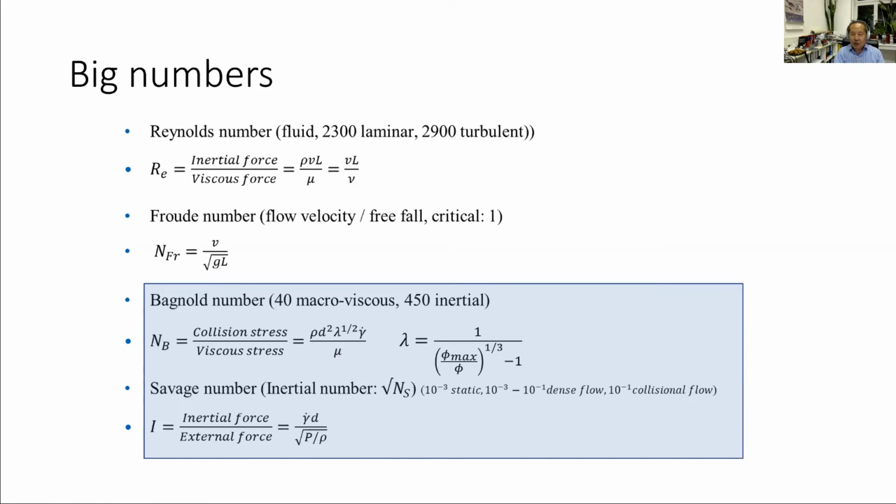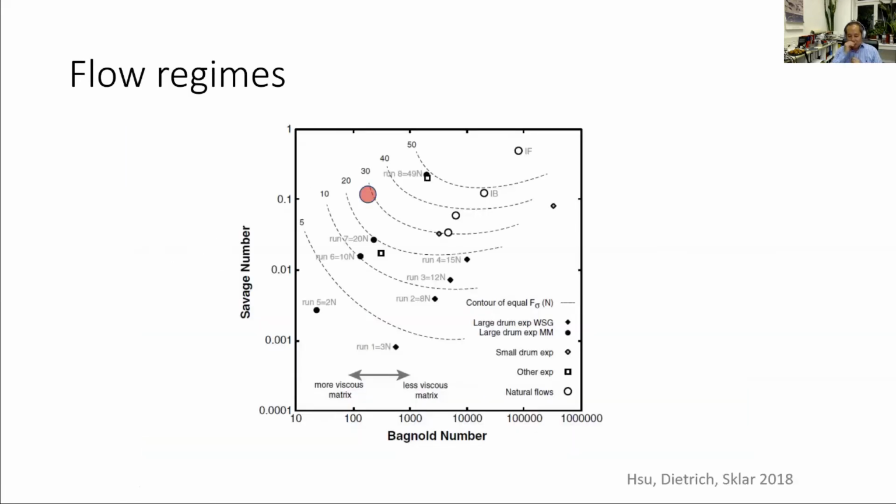You put these two numbers together, and many people use this diagram. I just took this diagram from these guys who have this big drum in California, in Berkeley, in particular Professor Dietrich, in a paper published three or four years ago. They studied granular flow in the big drum and show where their drum tests are. Not only the drum tests: there is the small drum experiment, the large drum experiment, and the small drum experiment I think is from our university.